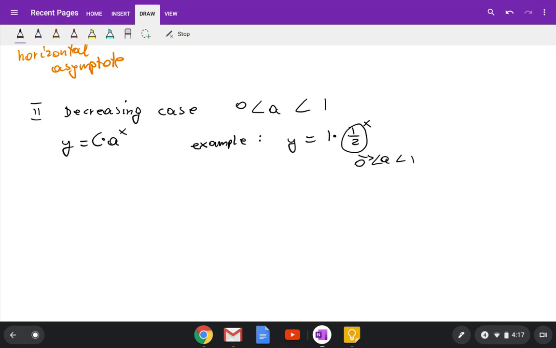Couple things, be careful. I know you can catch that, but sometimes they can give you something like this. Let me put a star. y equals 2 to the power of negative x. This graph is also decreasing because look what happened. You have that negative exponent. By now you know that when you see a negative exponent, this is the same as 1 over 2 to the power of x. And then you will know that the base is less than 1, so it has to be decreasing.